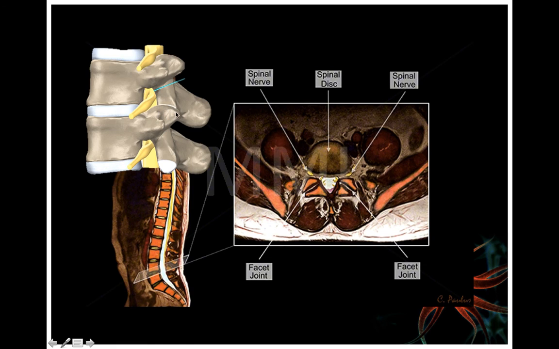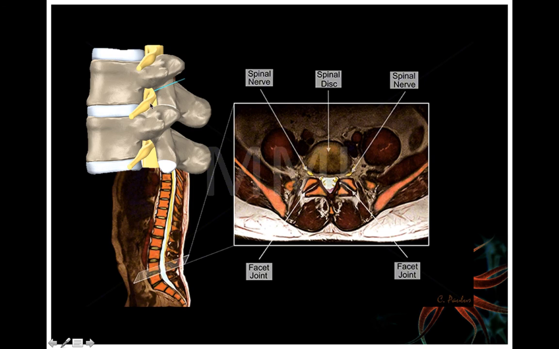If the facet joint becomes arthritic right here, look at the hole, the roof of the hole is formed by the facet joint, and it can cause narrowing of the hole. The osteophytes I talked about, on the vertebral body, can cause growth of the bone, and the discs can become thickened.